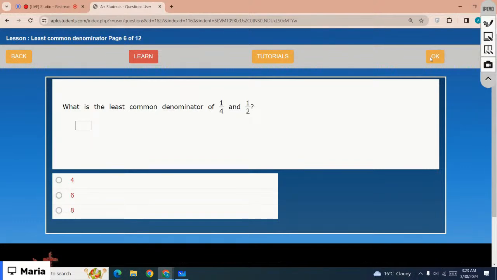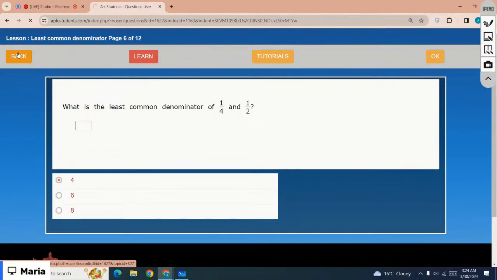Which is the correct option? The correct option is 4. Okay, you can complete the lesson by yourself later today. Let me just move on to the next lesson.